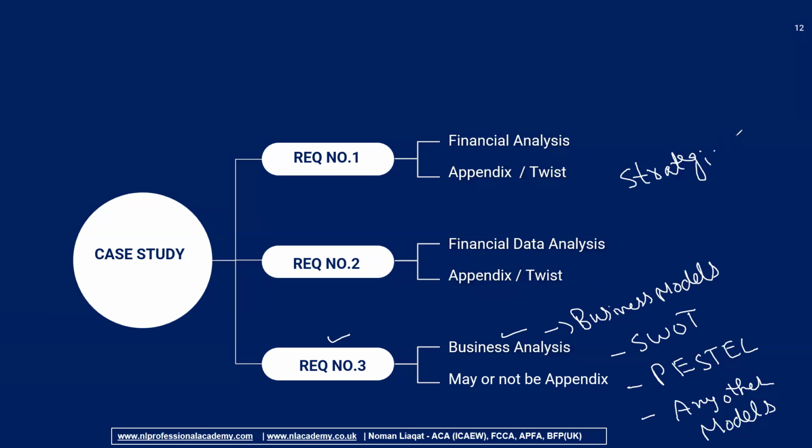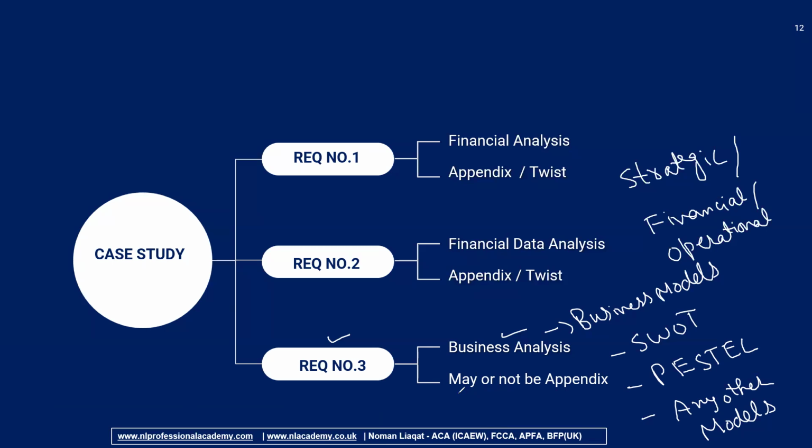You need to consider strategic issues, financial considerations, and operational issues. You need to consider the strategic, financial, operational benefits or issues of pursuing a particular strategy. This is a common requirement of requirement 3, talking about multiple aspects of strategic, financial, operational.